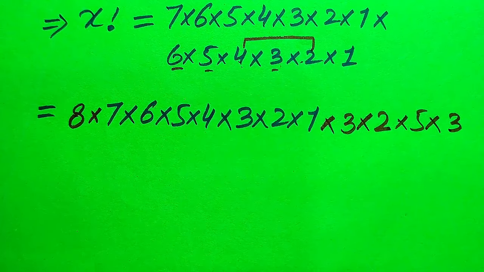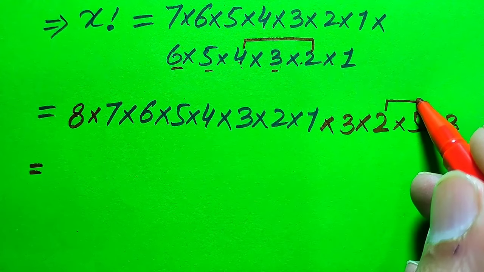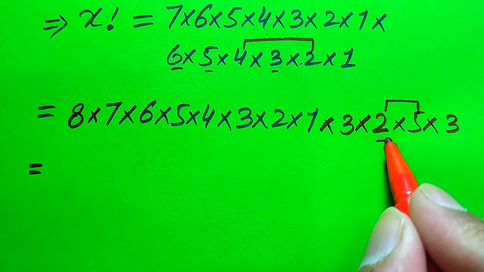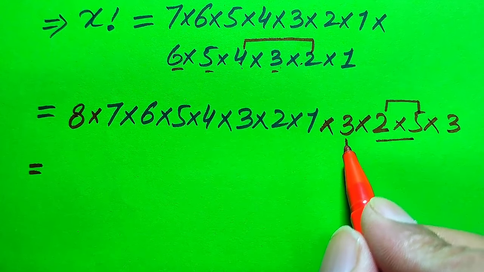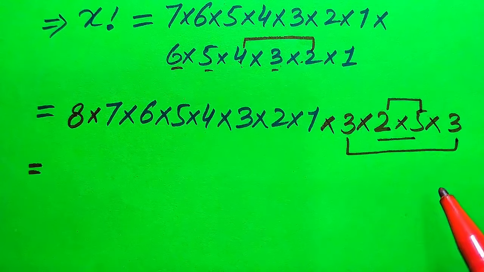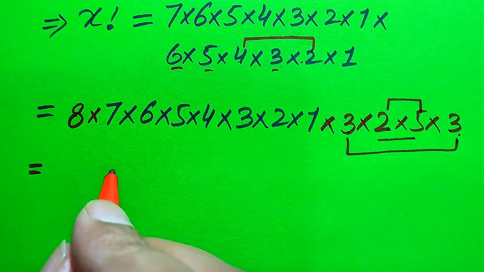Further, in the next step we need more simplification. Now you see 2 times 5 becomes 10, so again we move this pair to the top, and 3 times 3 becomes 9, which we can write at the top.